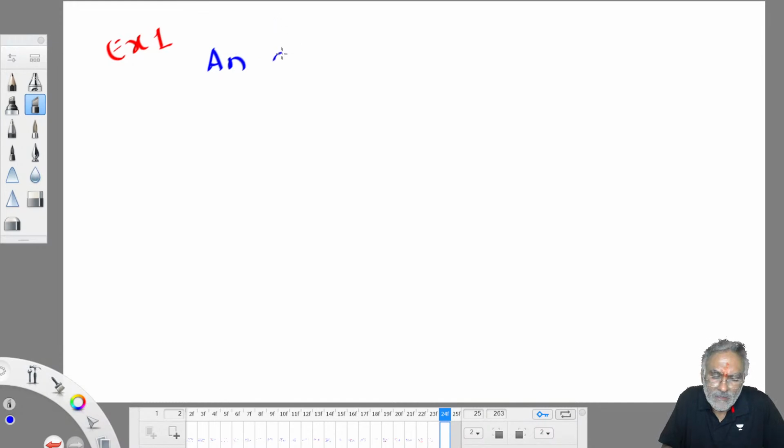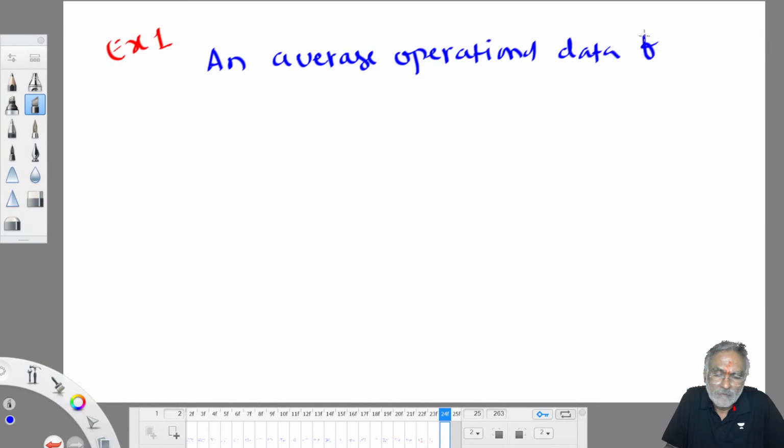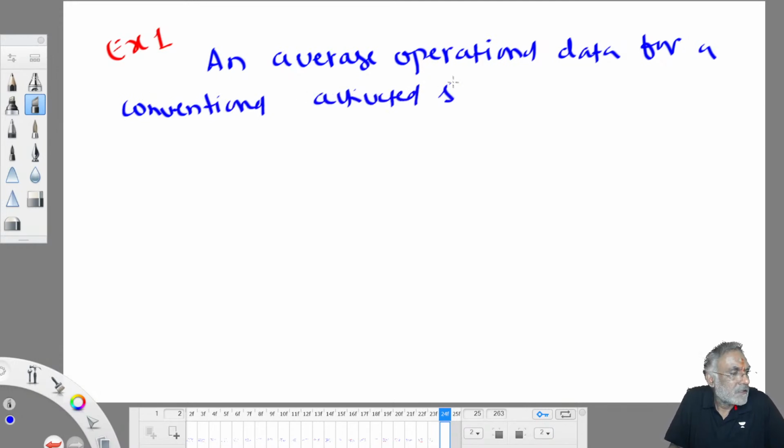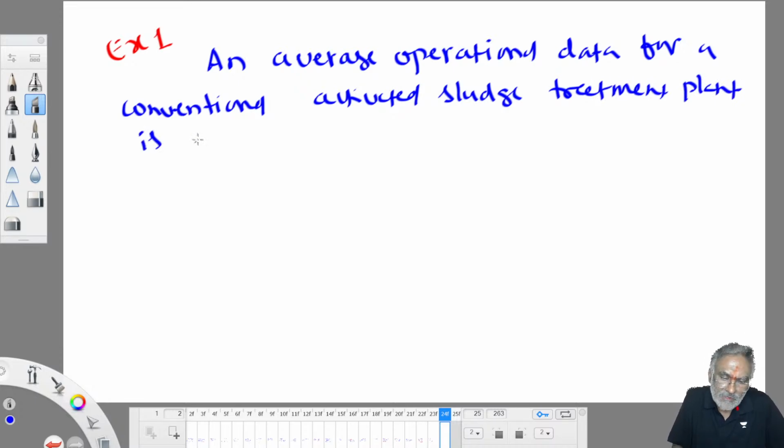The average operational data for a conventional activated sludge treatment plant is as follows. 1.